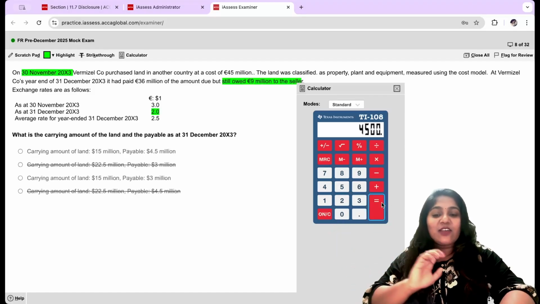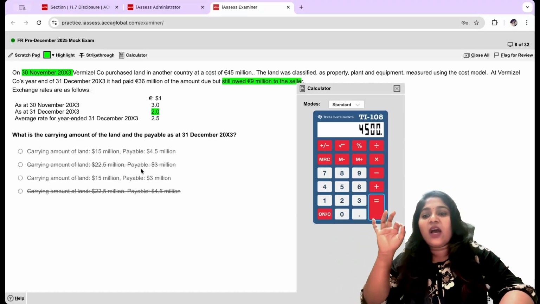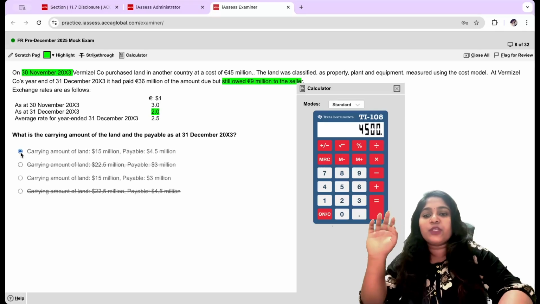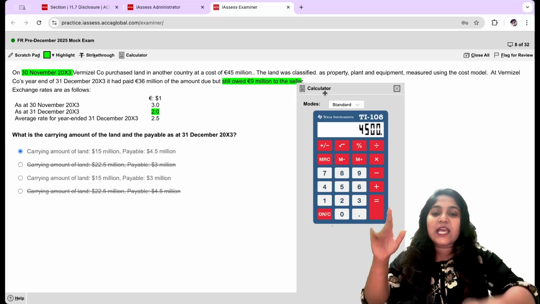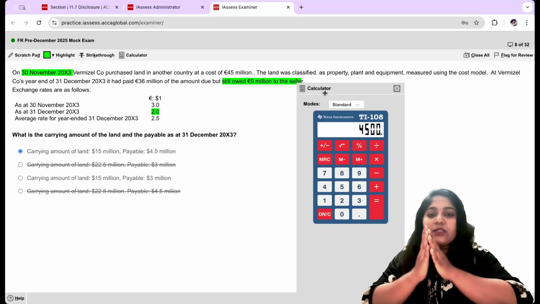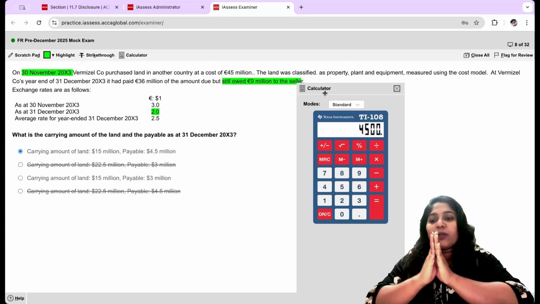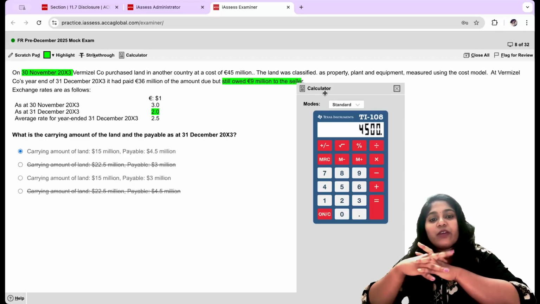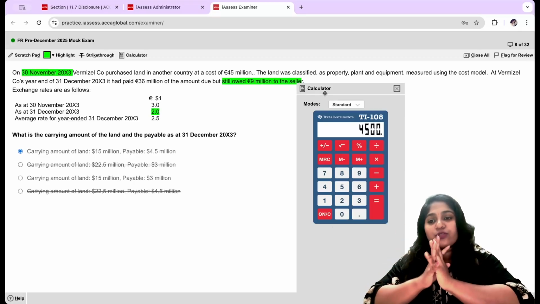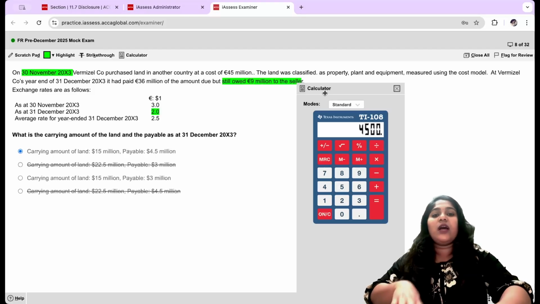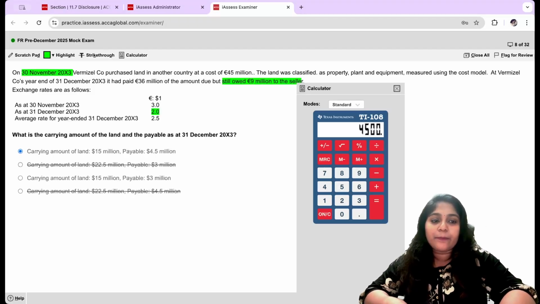That will give us 4.5 million. So the answer for this question has to be option A, because I will retranslate my payables. The 1.5 million will be treated as an exchange loss going to the statement of profit or loss. So the answer has to be option A.